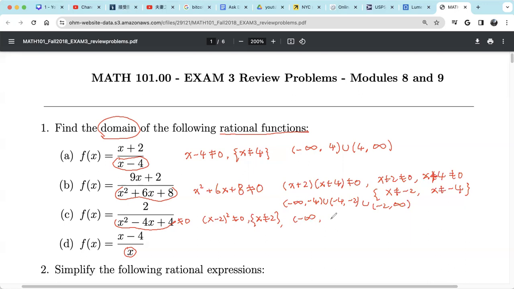That means x can be all real numbers, but 2. Last one, well, this x cannot be 0, right? That's it. Use the interval notation, negative infinity, up to 0, union from 0 up to positive infinity.